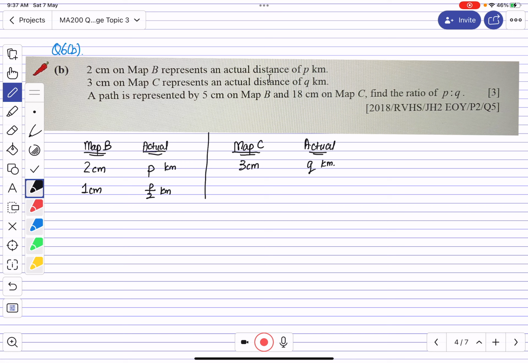Okay, so how do I go about doing this? If you see, how do I actually make a comparison of p is to q? A good gauge is to look at how both questions can be related to the same value.